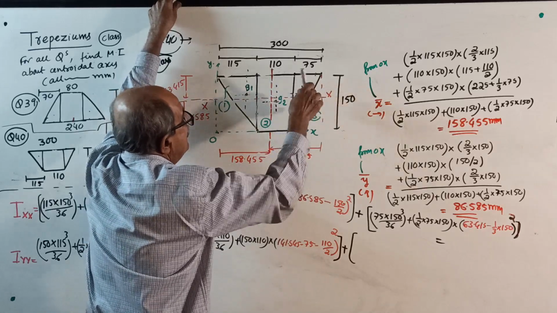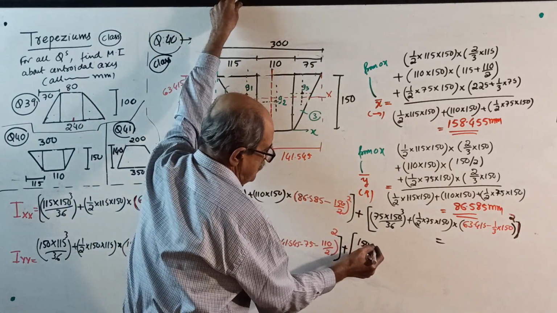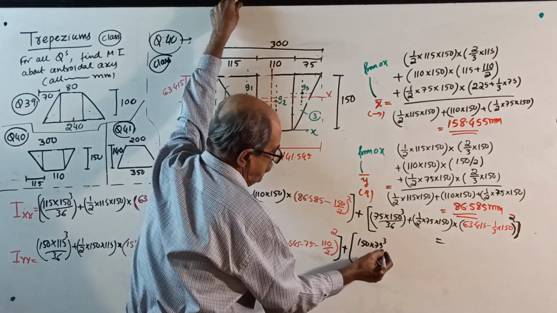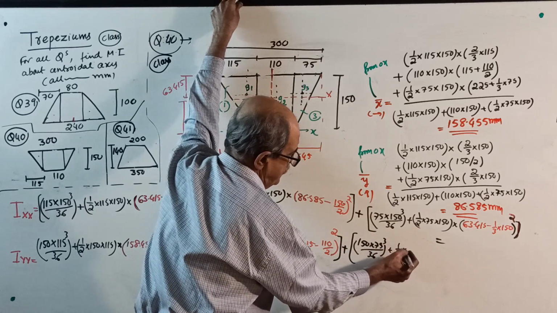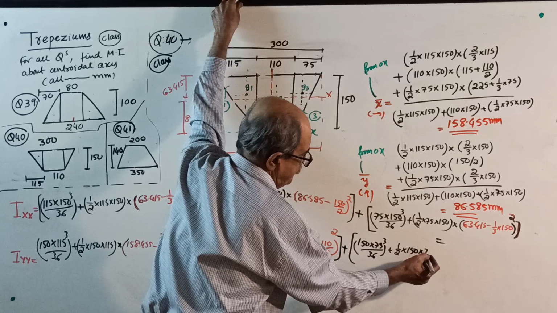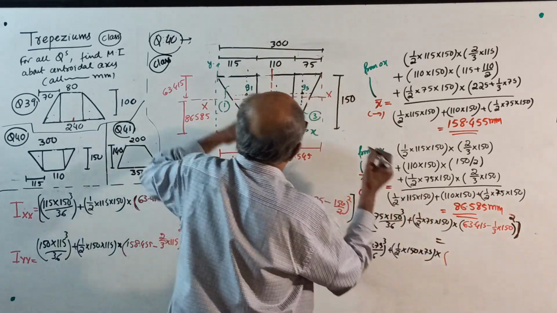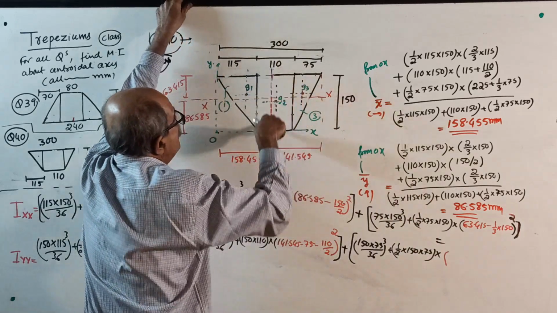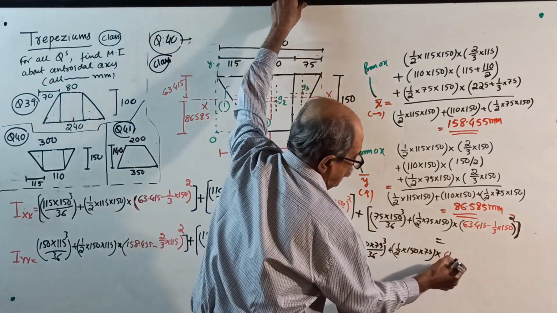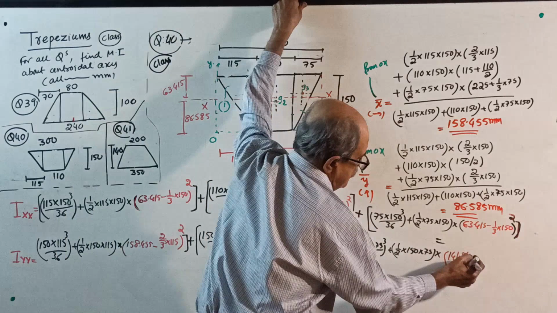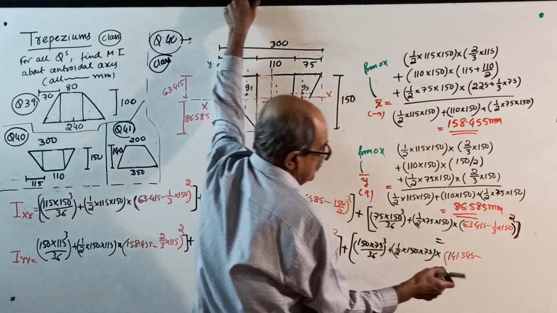its own centroidal axis, 150 into 75 cube, 150 into 75 cube divided by 36 plus half into 150 into 75 is the area, into from centroid to YY, this distance square is 141.545 minus this distance is 2/3 of 75.